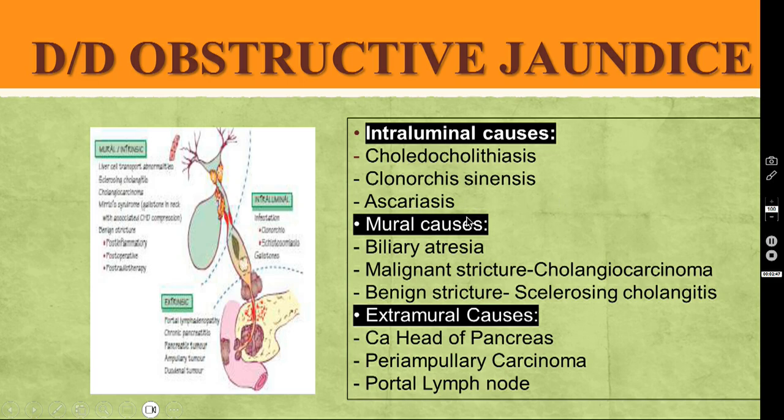The mural causes are biliary atresia, that is a congenital cause, malignant stricture, that is cholangiocarcinoma, or benign stricture, sclerosing cholangitis. The extramural causes are carcinoma head of the pancreas, peri-ampullary carcinoma, and portal lymph node. This is nothing but the secondary lymph node in the porta hepatis because of primary malignancy anywhere in the GIT.